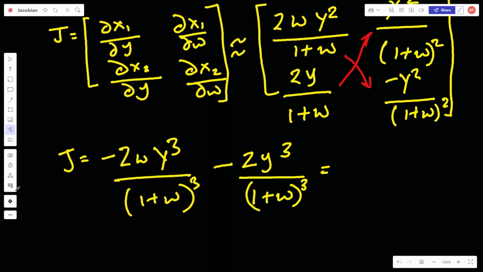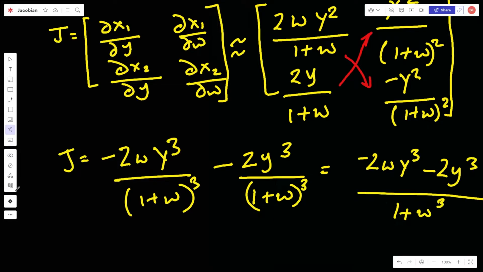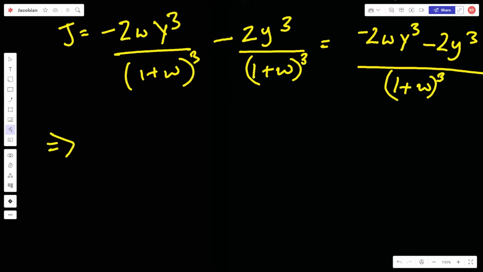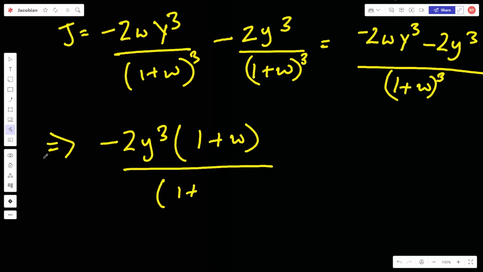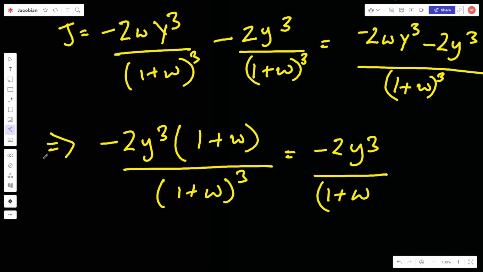Simplifying this gives us negative 2 times w y cubed minus 2y cubed all over (1 plus w) cubed. We can pull out negative 2y cubed, so we have negative 2y cubed times (1 plus w) divided by (1 plus w) cubed. These two can cancel, reducing the term, so you have negative 2y cubed divided by (1 plus w) squared.